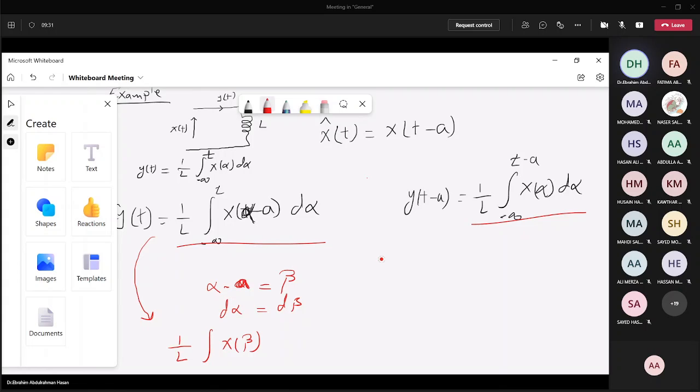D alpha from here is equal to d beta. Okay, when alpha equal to minus infinity, so minus infinity minus a, then beta is equal to minus infinity. When alpha equal to t, then this one will be equal to t minus a.